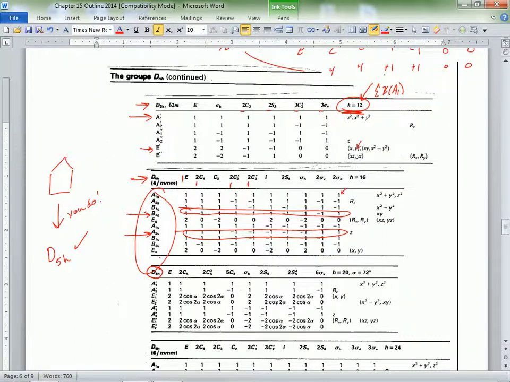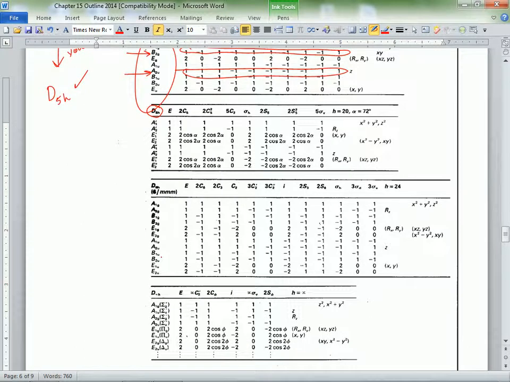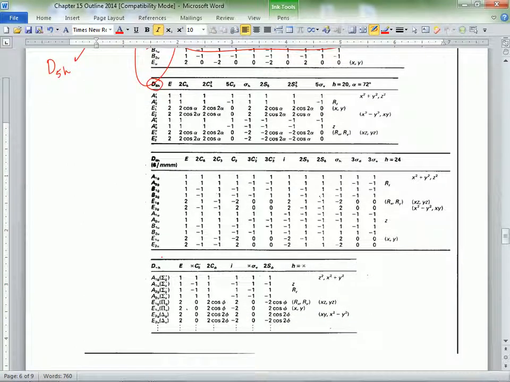And then, where's x squared plus y squared? Oh, there it is. It matches the totally symmetric representation perfectly.